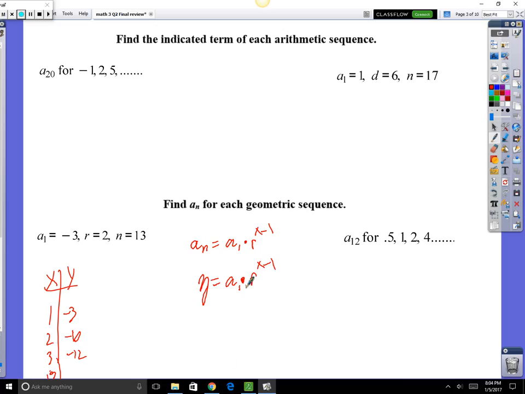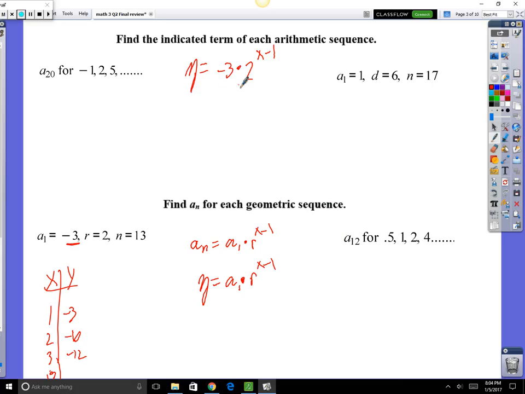So again, the formula is probably easy, or you just times by 2, times by 2, times by 2. I'm going to keep track of how many times you do that. So a sub 1, we're going to go y equals, instead of a sub 1, we're going to put -3 times r, and in place of r we're going to put 2, and then we are going to go x minus 1.